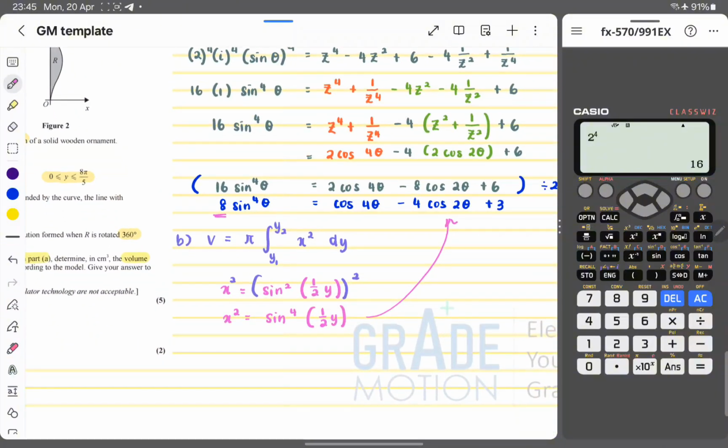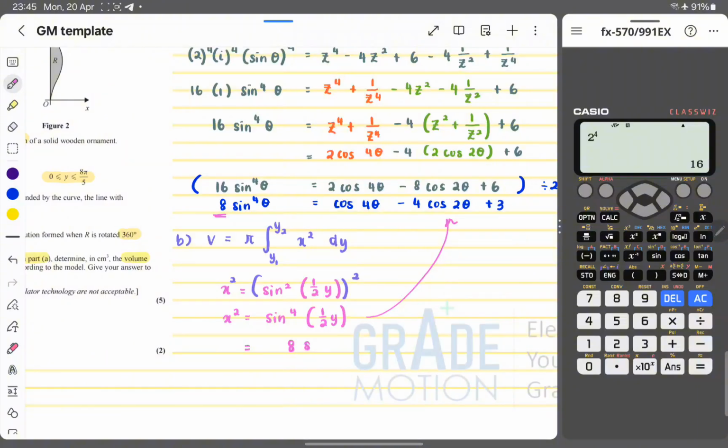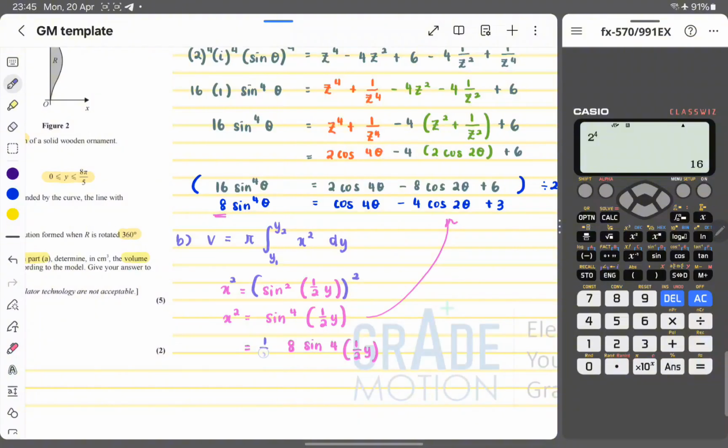So let's simplify this. I will put 8 here. So inside here I should have 8 sine 4 of 1 over 2y. But over here we want our coefficient to be 1. Therefore, we have to multiply by 1 over 8.